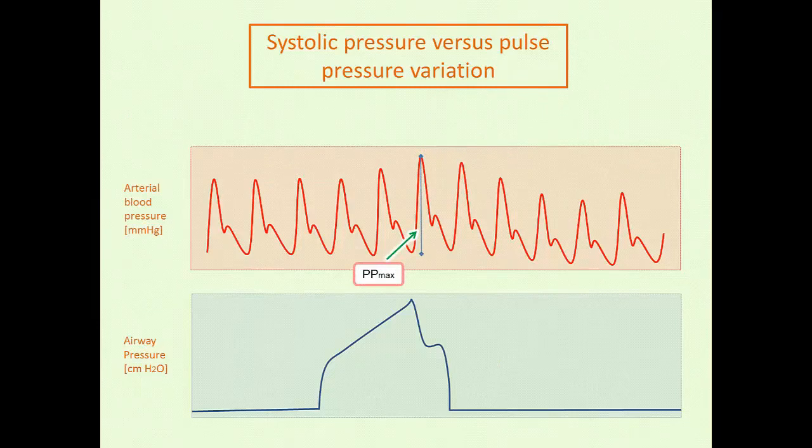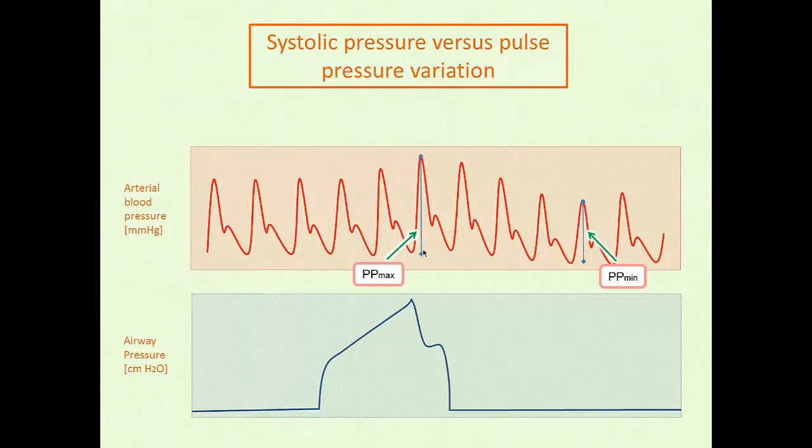In terms of pulse pressure, the pulse pressure, as you know, is the difference between your systolic pressure and your diastolic pressure. So the maximum pulse pressure occurs typically during your systolic pressure maximum, and your pulse pressure minimum occurs during your systolic pressure minimum here.